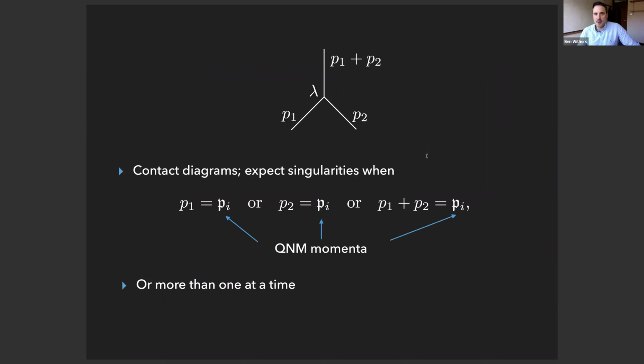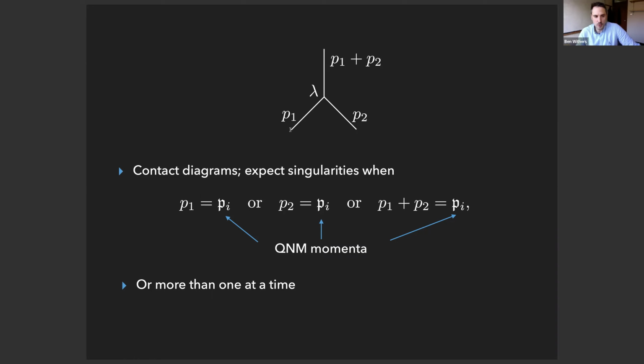So let's talk about singularities. Essentially, we're thinking about these contact diagrams in the bulk. This 3-point function is labeled by 2 momenta, which are essentially the incoming momenta into this diagram. And the outgoing is just fixed by momentum conservation, P1 plus P2. So what we're expecting to find is that we have singularities when any of these momenta are quasi-normal modes.